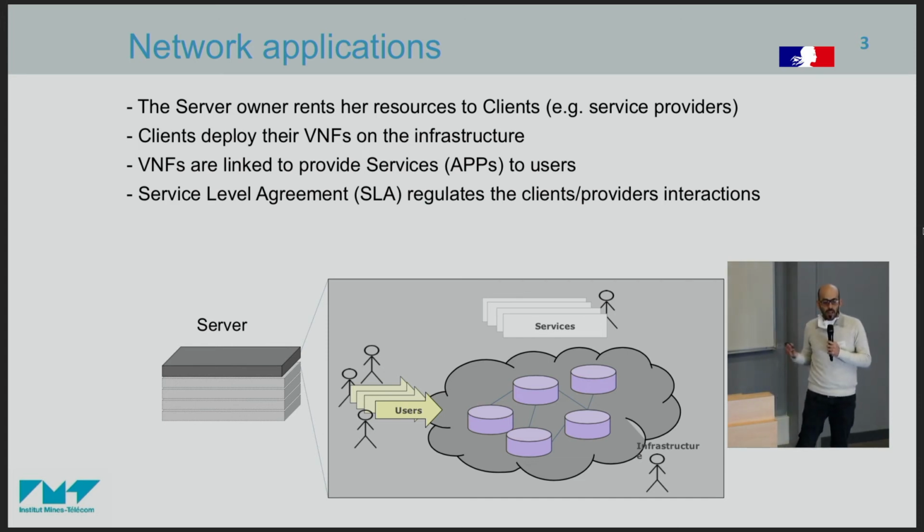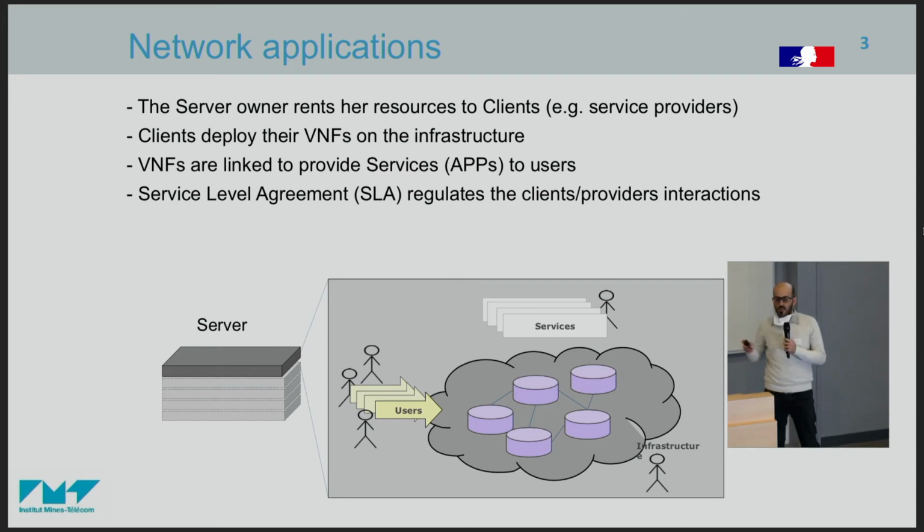Now, a full network can be embedded in a single general purpose server, where the owner rents its resources to some clients that can act as service providers, and users can use exactly the resources and services provided within this infrastructure.